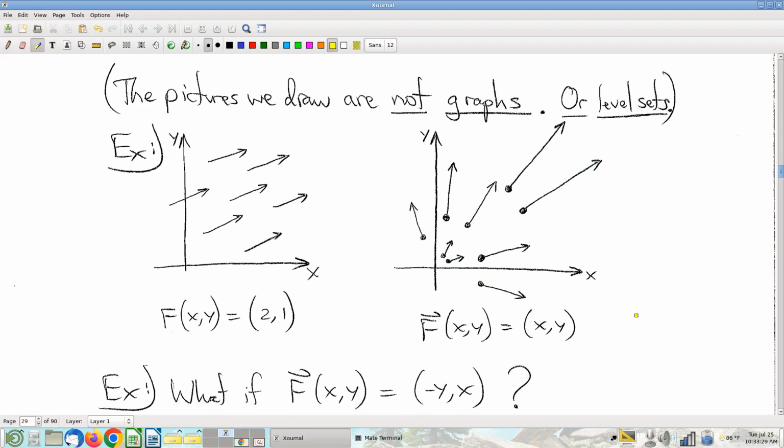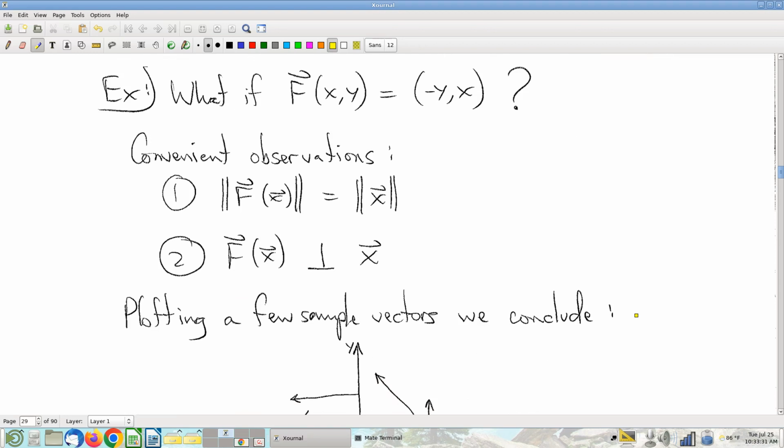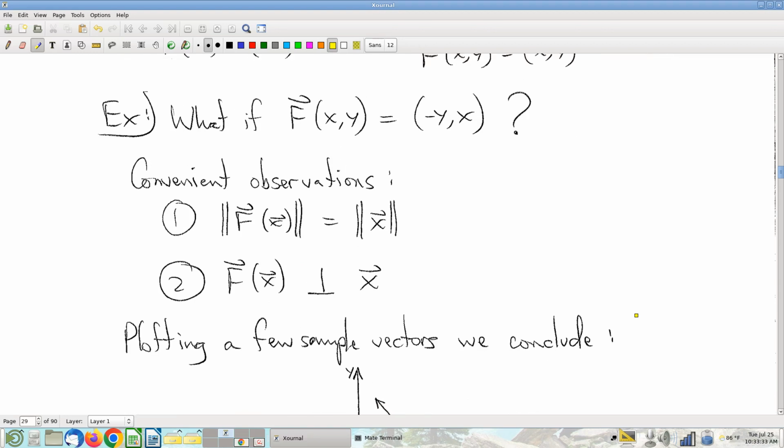All right, so again, a couple of relatively easy ones. This next one is a little trickier. Here, this is not constant. It's not equal to the position vector. What do you do? We do, however, notice a couple of conveniences: the point and the field vector have related coordinates.